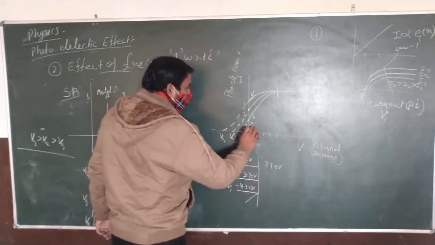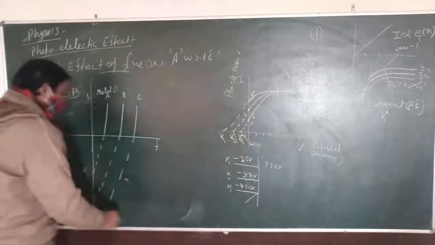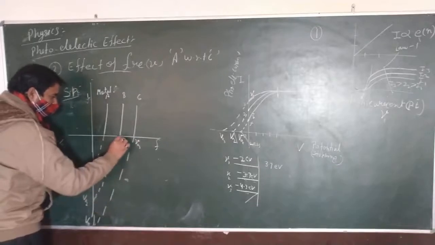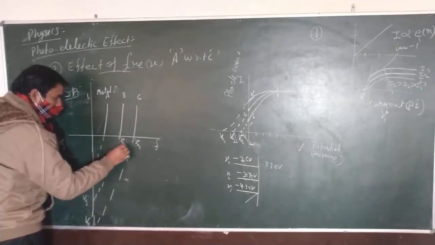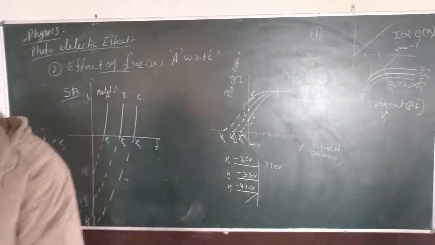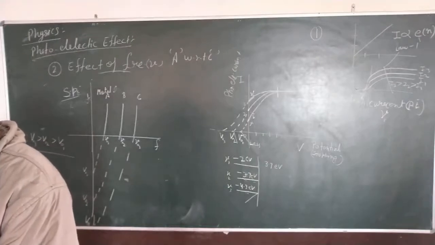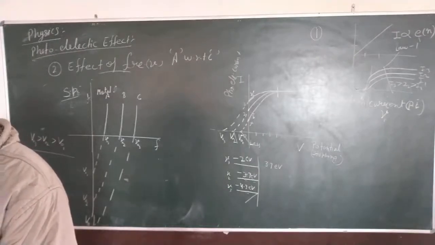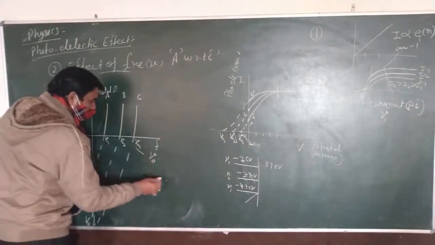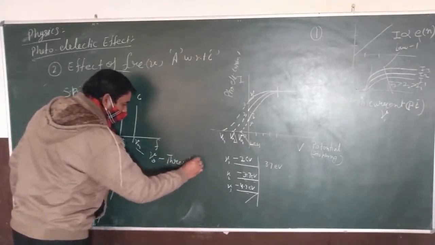These are the minimum frequencies, and here we say nu naught 3, nu naught 2 and nu naught 1. This minimum frequency is called the threshold frequency, that is nu naught, the threshold frequency.